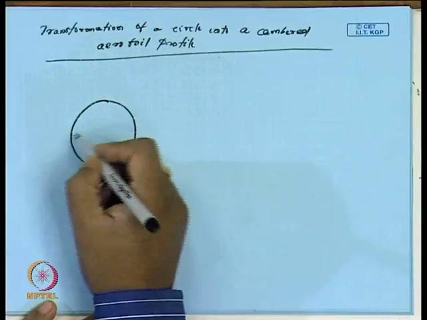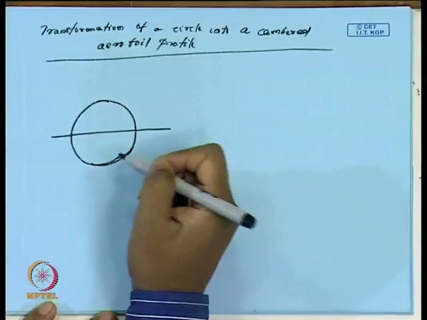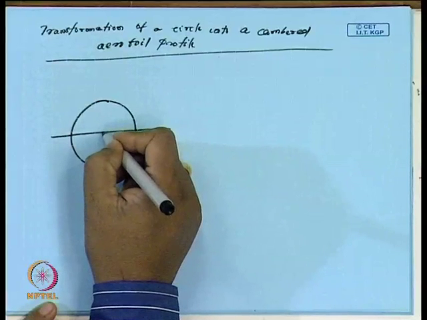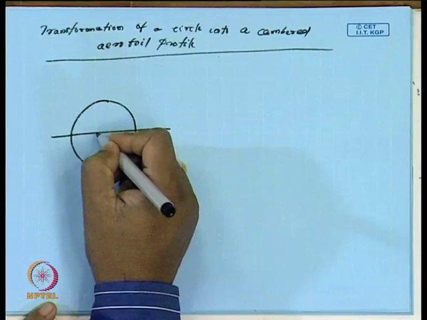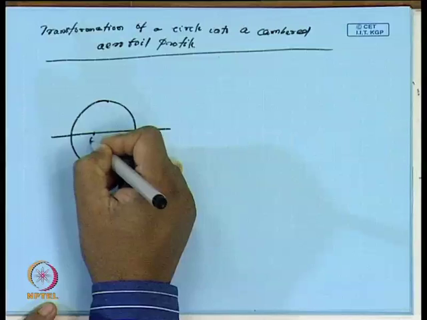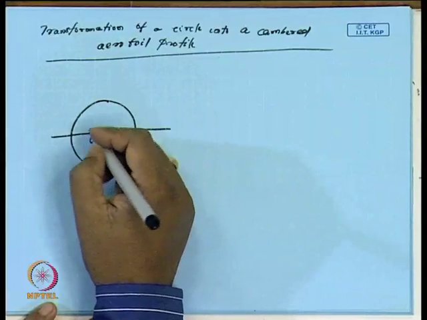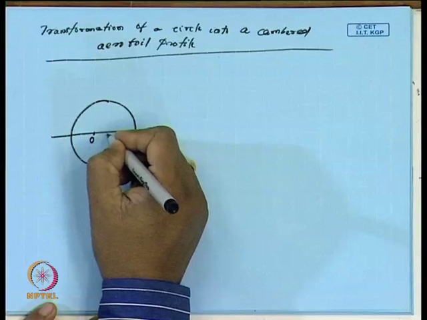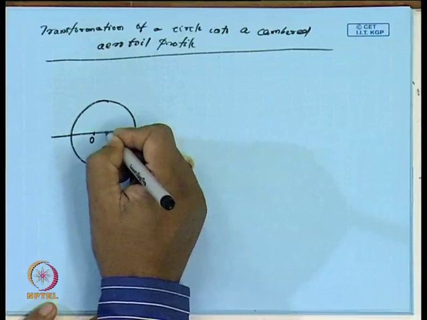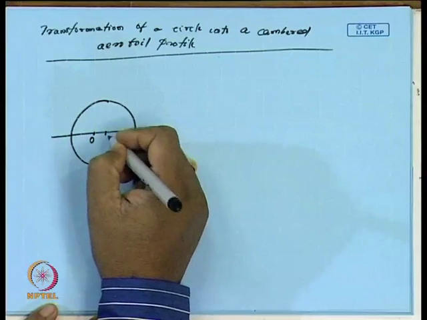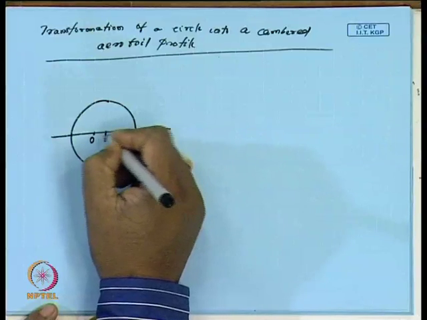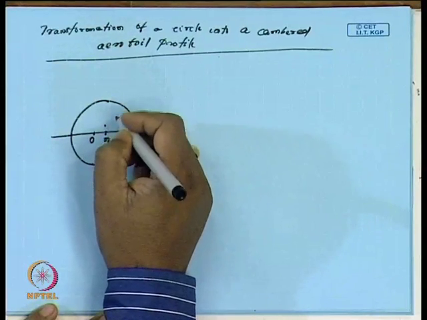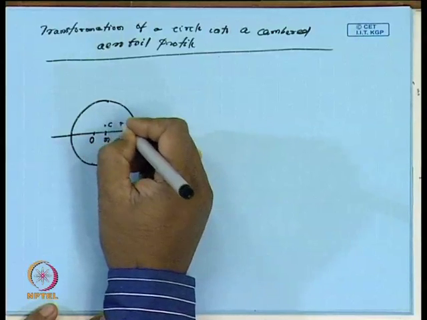In the circle, suppose this is the line through the origin, and let me say that O is the origin of the circle. Let the horizontal shift be n, and there is a vertical shift, and C is somewhere here.